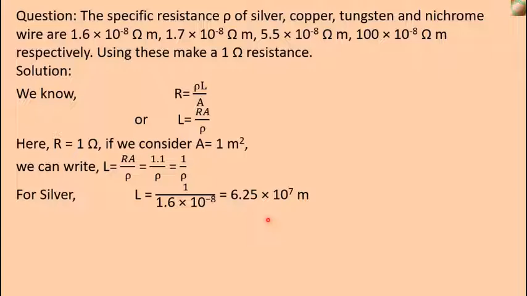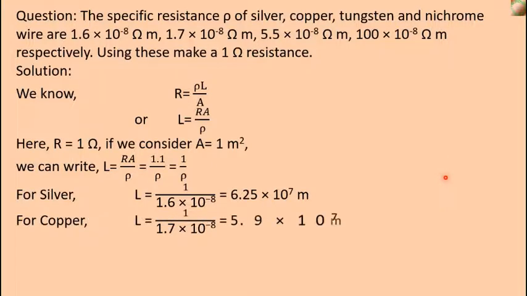If we want to make 1 ohm resistance and the cross-sectional area of the conductor is 1 meter square, the length will be 6.25 into 10 to the 7 meter, and this is a very large length.